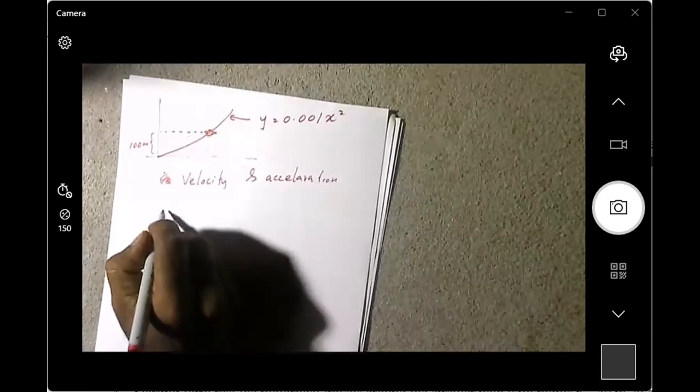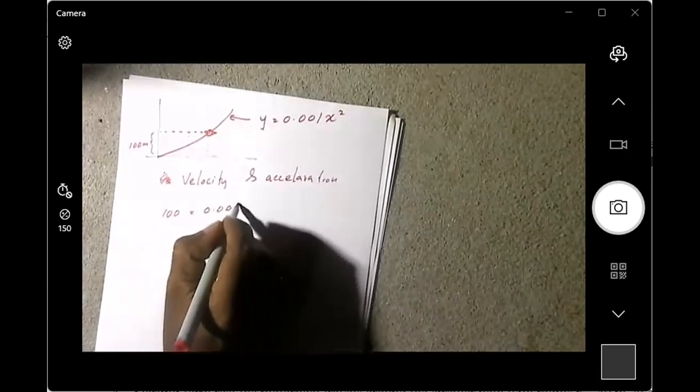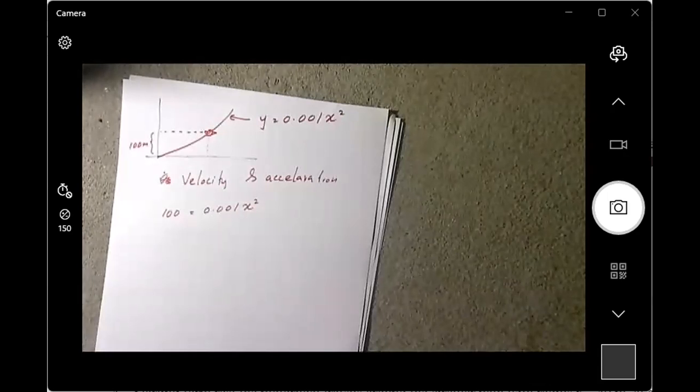Yes, we can. So apply y is 100, 0.001 x squared, and you can get x from this equation. How much?